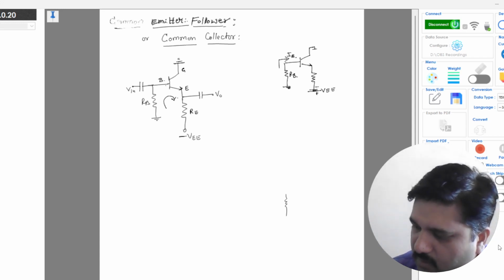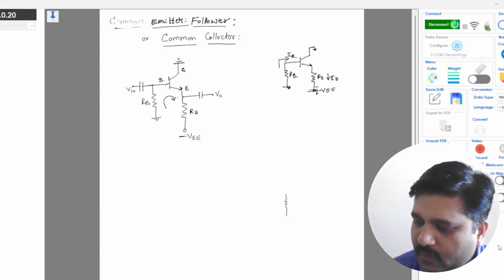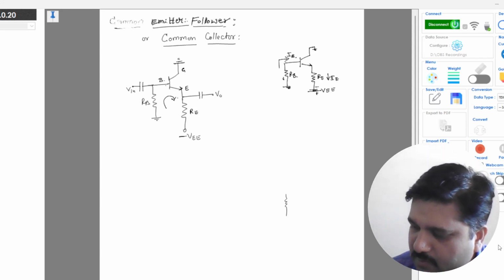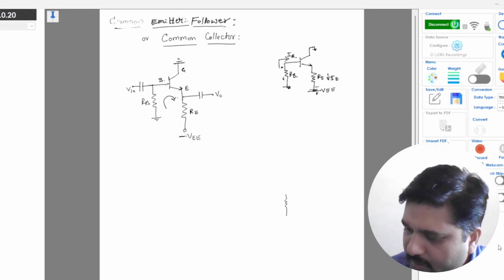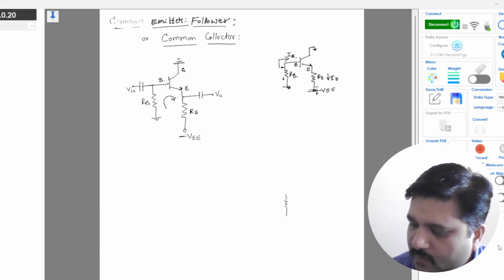And this is ground, this is collector, and this is RE, the direction of IE will be towards like this, right? And this is plus and this is minus, this is base and this is emitter, right?